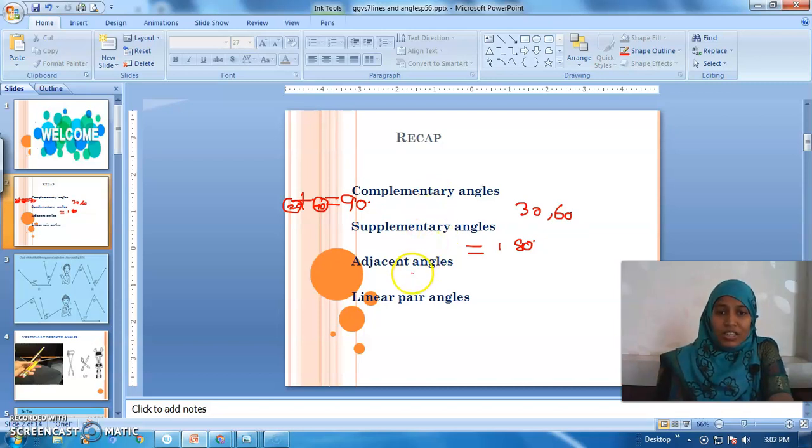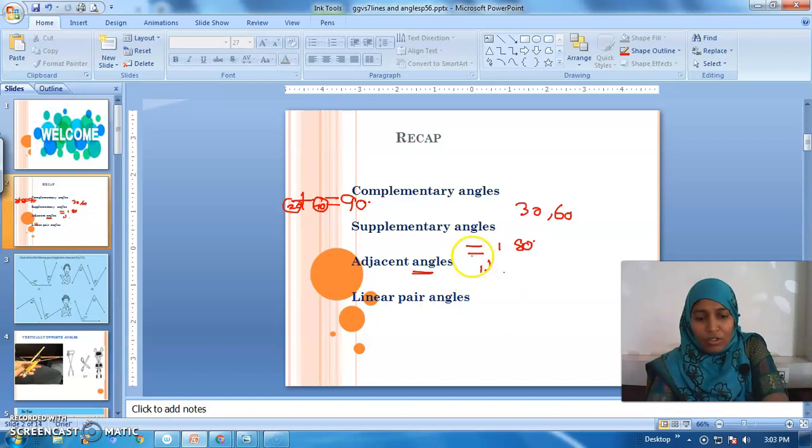Now what are adjacent angles? Are you able to recall the three conditions that should be satisfied? Yes. First condition, it should have a common vertex. Second point, it should have a common arm. Then the third one is the non-common arms.